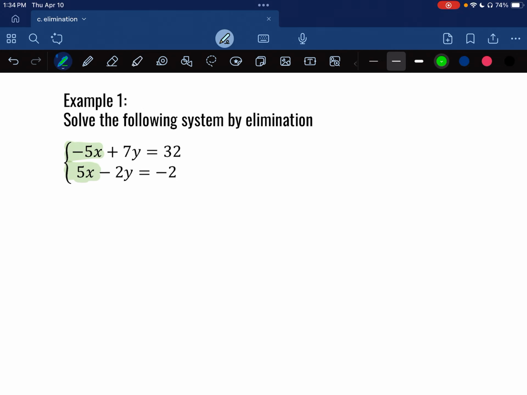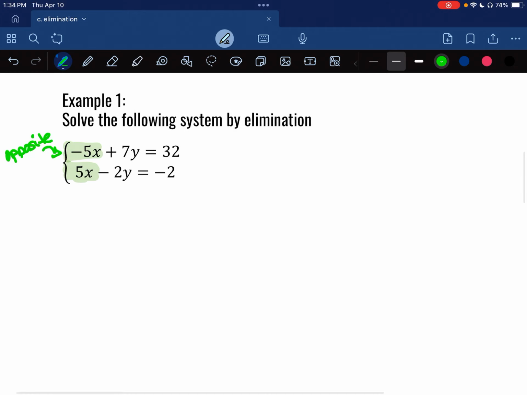Those are opposites, which means when we add these together, they're going to cancel out. Okay, so let's go ahead and add these together. I always use sound effects with my students, right? So that one is going to cancel out. Then we have 7y minus 2. So that's going to be 5y equals 32 minus 2, 30.